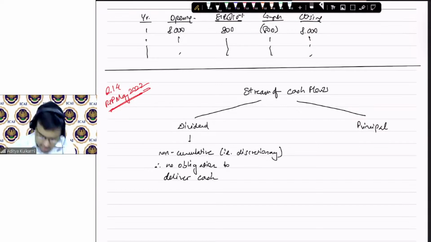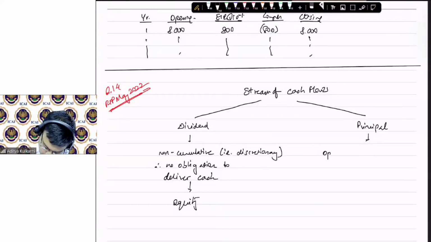And because there is no obligation to deliver cash, what is this instrument going to become? This stream is going to become equity. This is equity. Coming to the principal. Optionally convertible. Whose option?